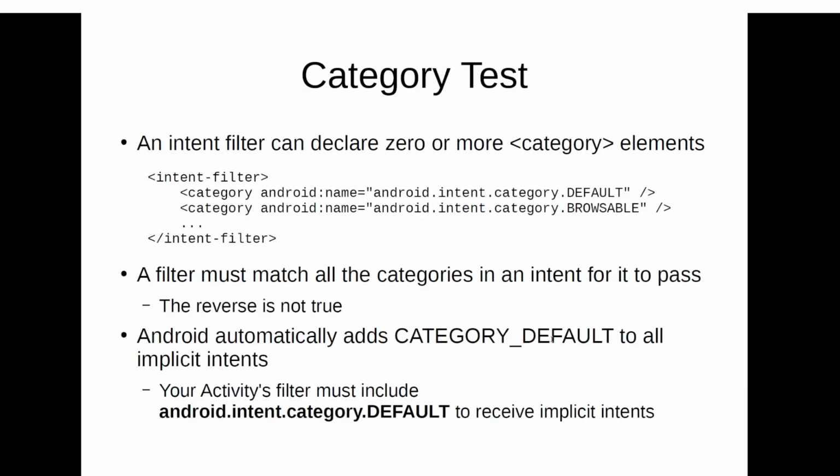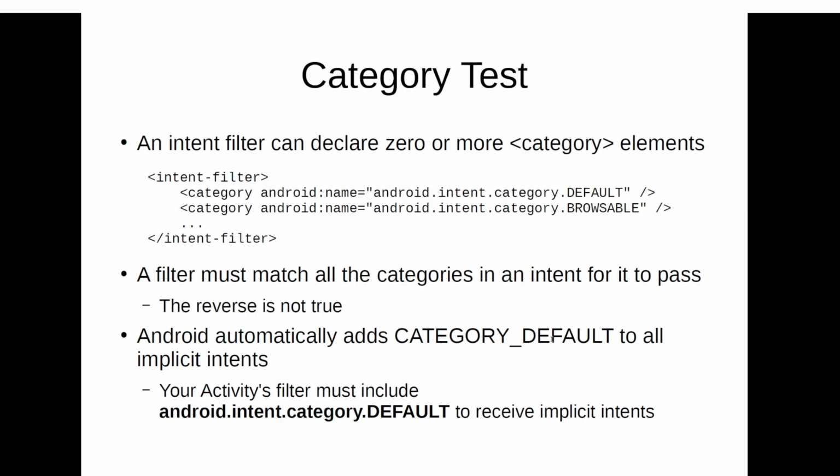Once we have gotten through the second test, all components that have passed are moved to the third test. The third test is the category test. An intent filter can declare 0 or more category elements.